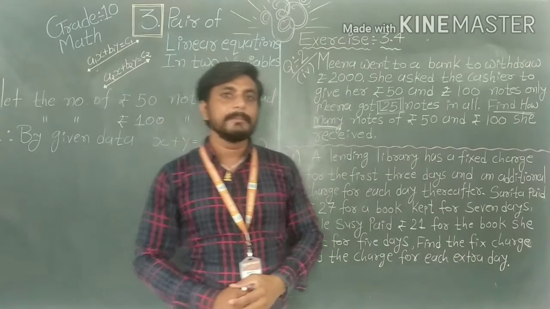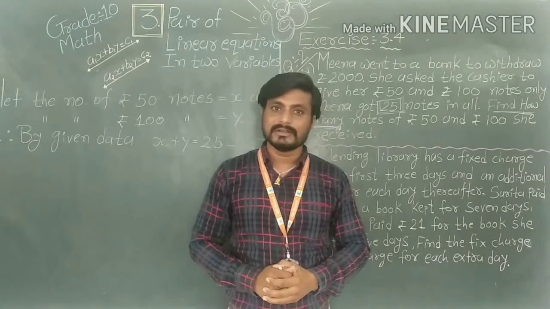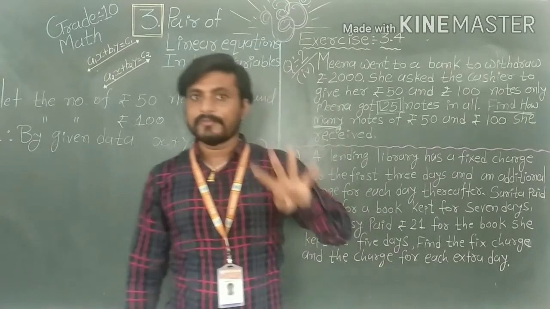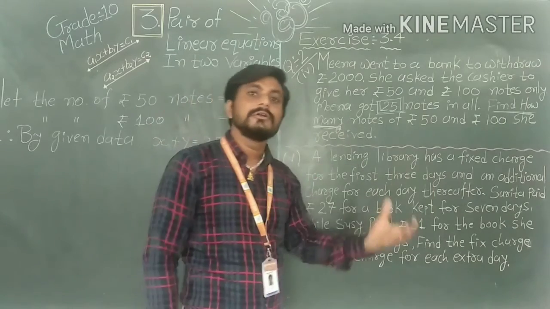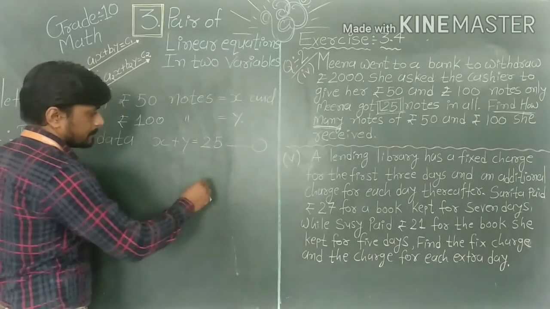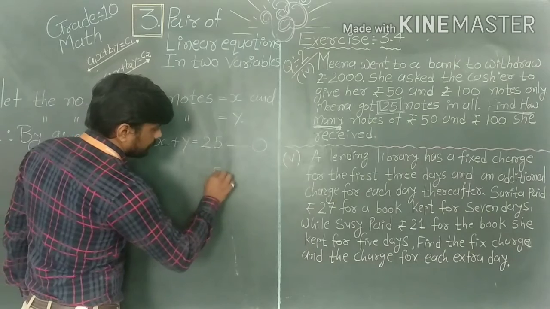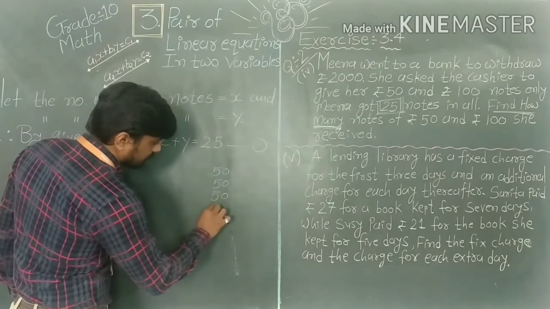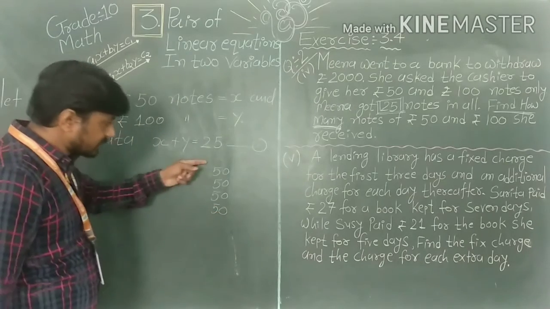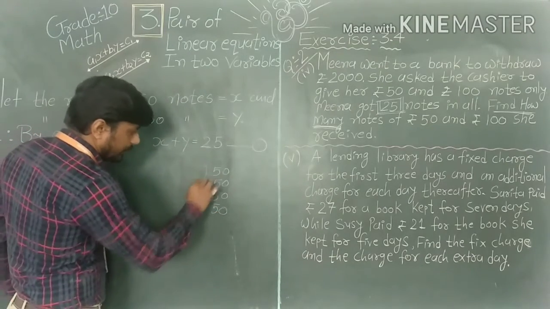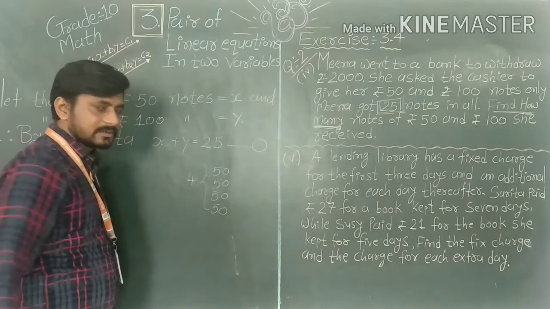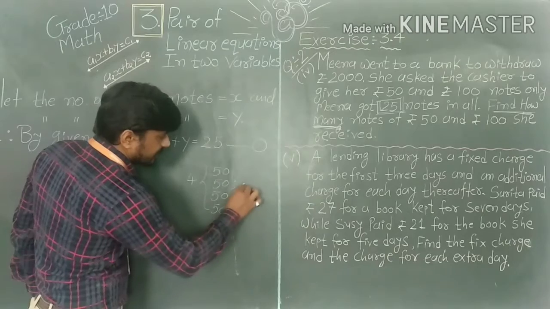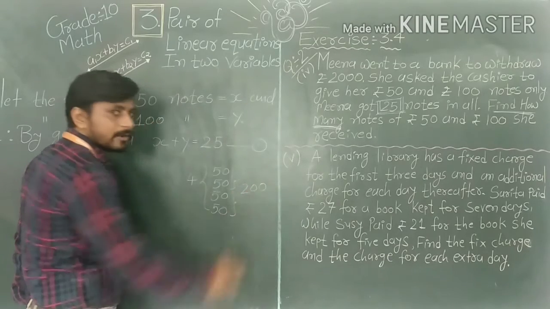If we have 4 notes of 50 rupees, that means how much money? The number of notes is 4, but the money is 50 plus 50 plus 50 plus 50, that means total 200 rupees.